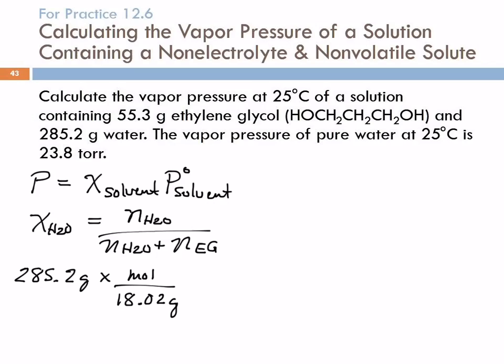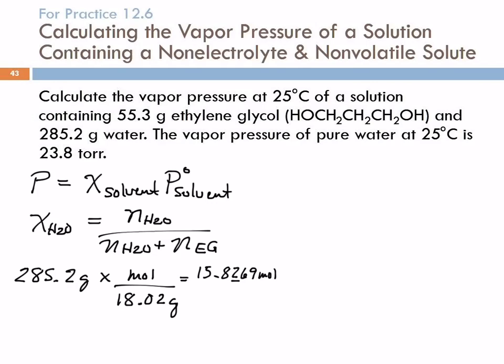So we need to take the mass of water and divide by the molar mass to get the number of moles of water. This is 15, we got 4 sig figs there, 8269 moles. And then we need the moles of ethylene glycol.